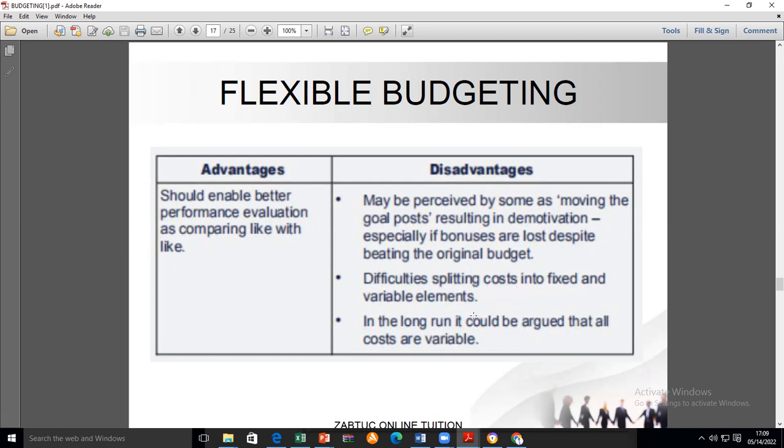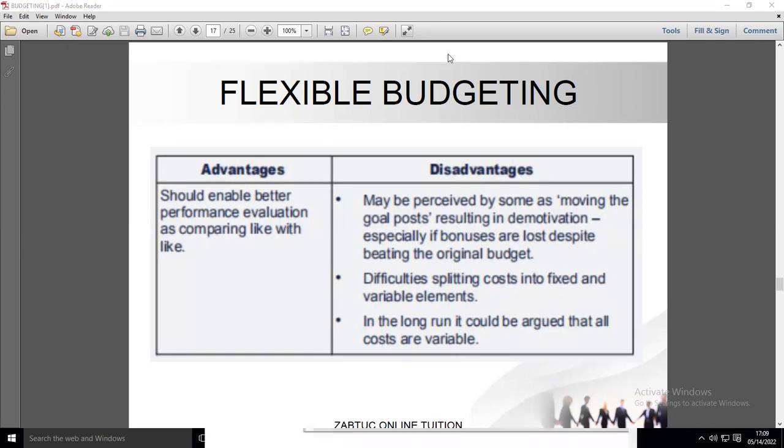For you to flex the budget, you need to go to the basic cost accounting and look at the cost behavior pattern. As in, which cost is variable?